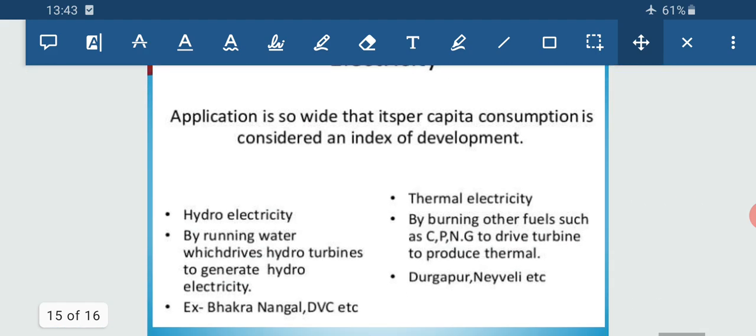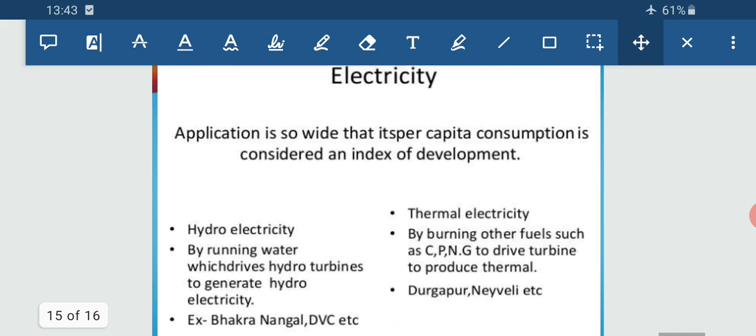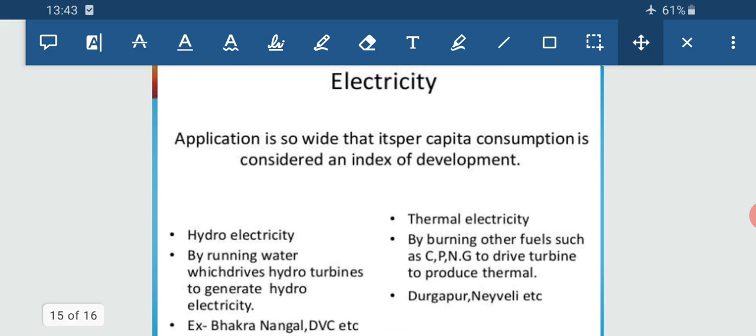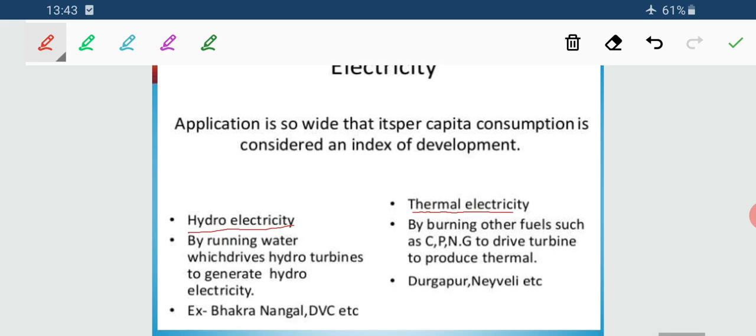Now electricity, we can generate it from fossil fuel, that means from the conventional resource, or we can generate it from a renewable resource, water. That is hydroelectricity from water, and thermal electricity from coal. Now you will say, then why is it coming under the conventional energy resources when we are getting a renewable resource? Because, the first point, conventional energy resource is the developed resource.